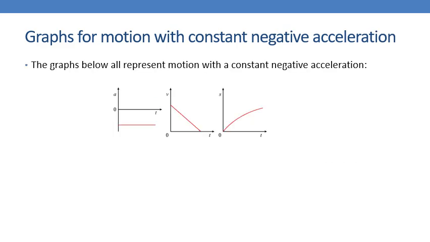Negative acceleration means the velocity is going from a greater one to a lesser one, and eventually it stops, so the displacement graph curves off and flattens to a particular value when it's not moving.